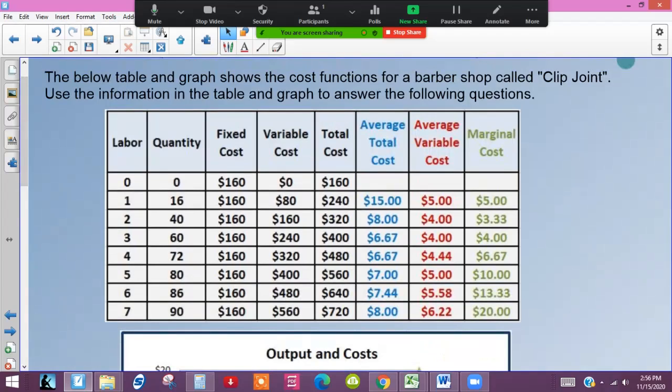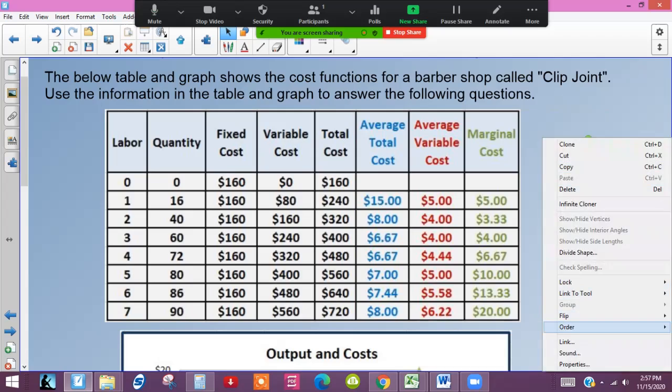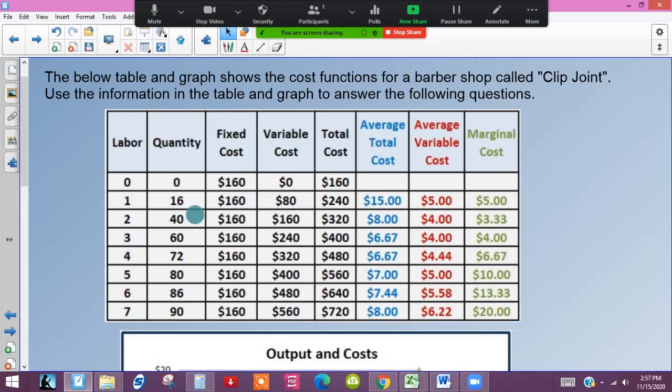The variable cost for each level of output: 16 haircuts, 40, 60, 72, up to 90. Then we have the total cost right here. Now, all of what's in black is a given. Then we've got to compute average total cost, average variable cost, and marginal cost.